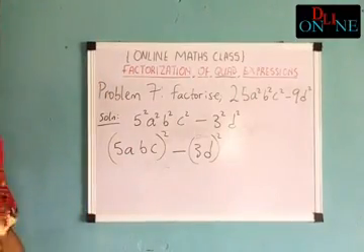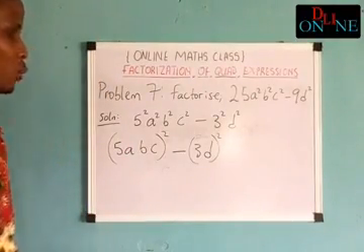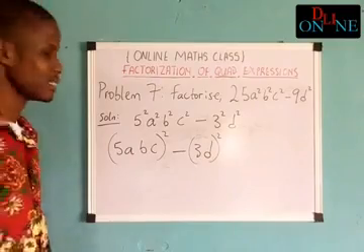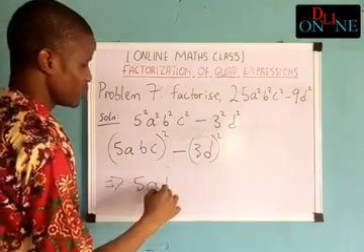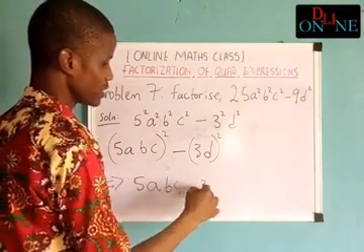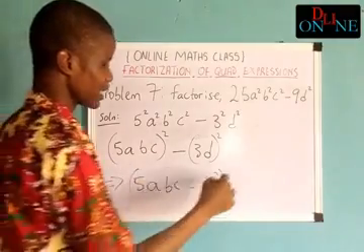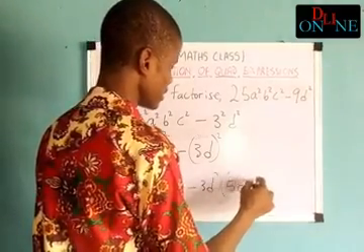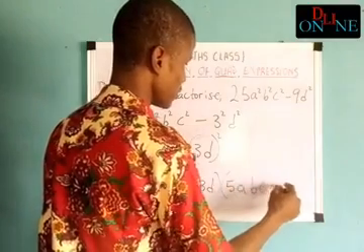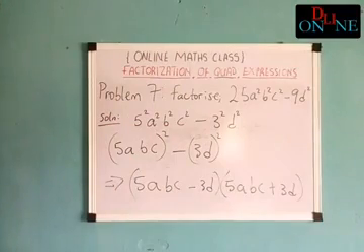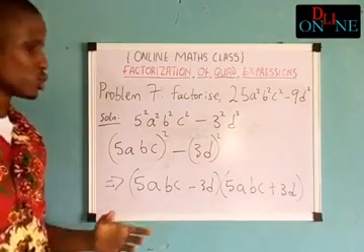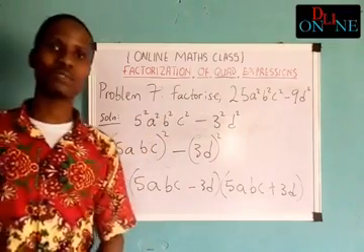Now this is a difference of two square expression. And when it's a difference of two square expression like this, the only way to simplify it is to say 5abc minus 3d in a bracket multiplied by what? 5abc plus 3d in another bracket. So this will be the solution to that question.